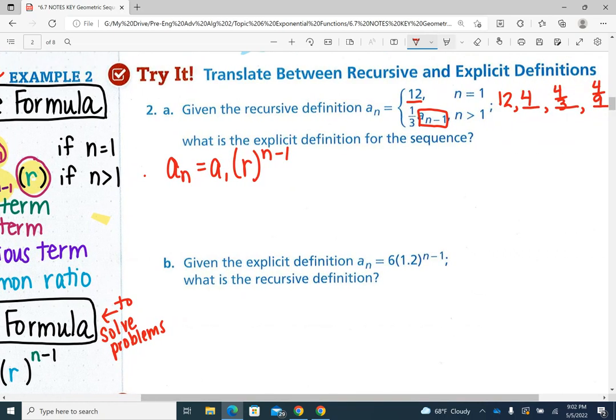When I write the explicit definition, I only need to substitute a number in for the A1 and for the R. So my explicit definition, A sub n, my first term is 12. R, what are we multiplying by? R is the 1/3, so 1/3 to the n minus 1.